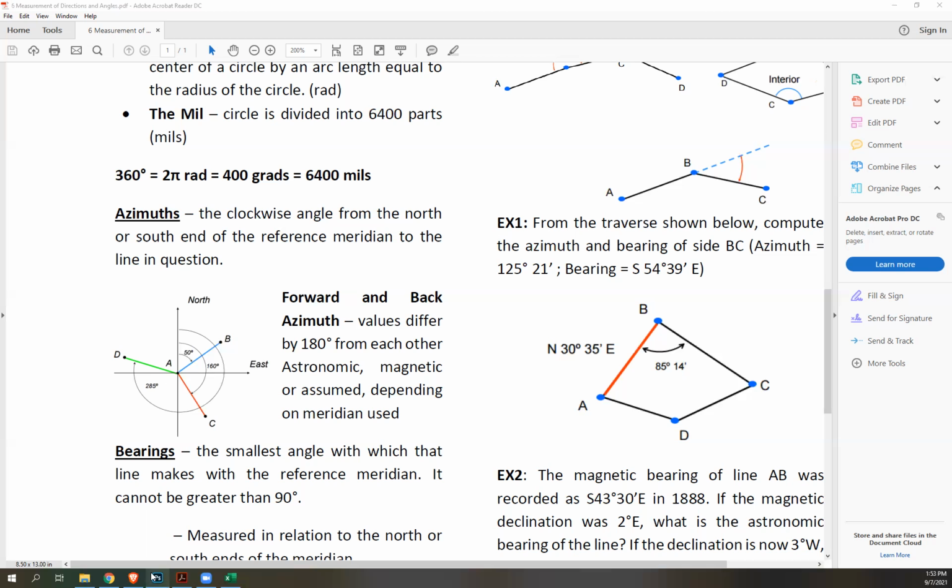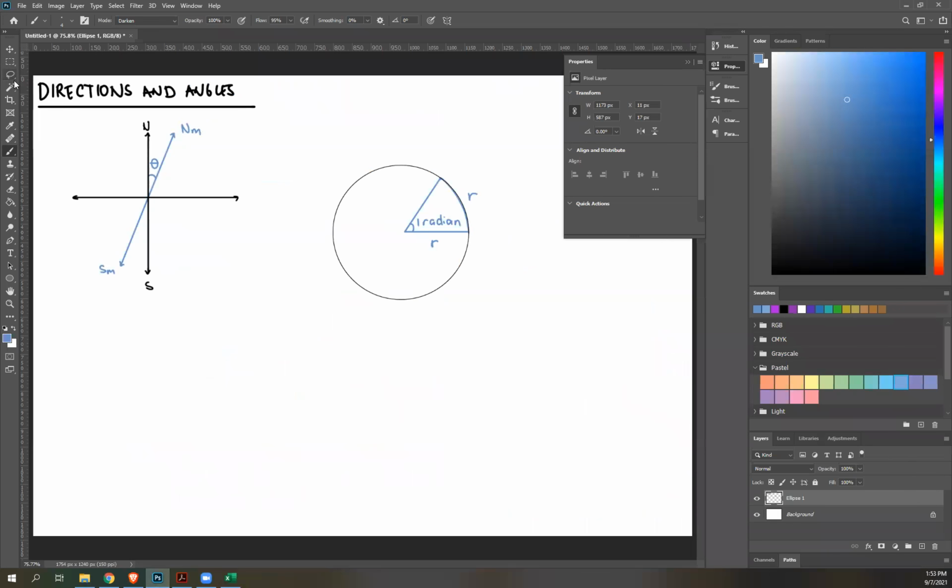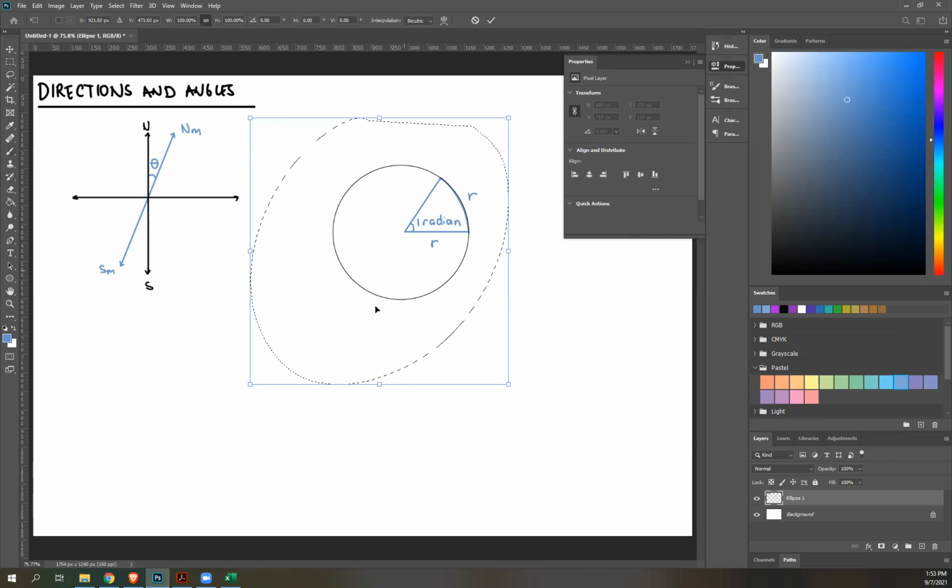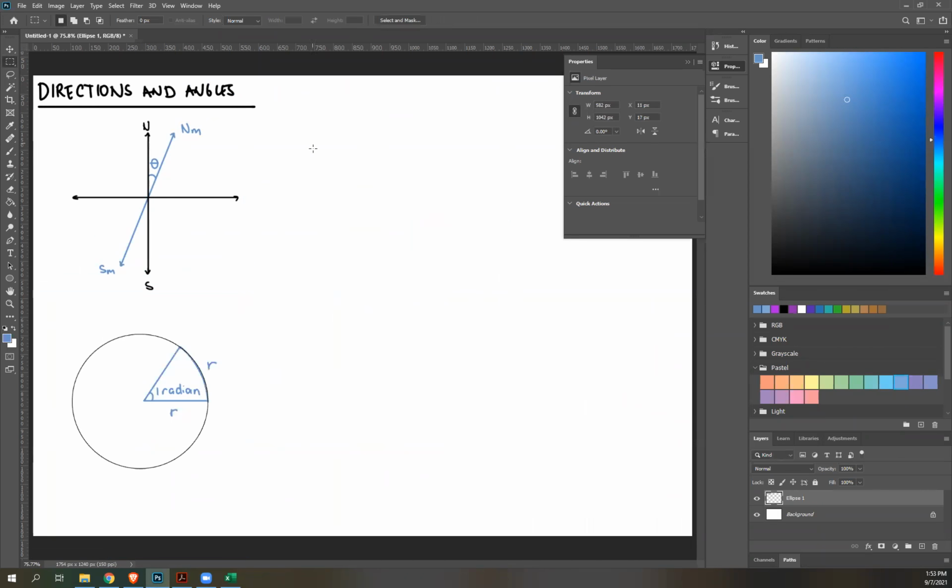For example, to illustrate again, this is the forward azimuth. And then let's call this one your back azimuth.